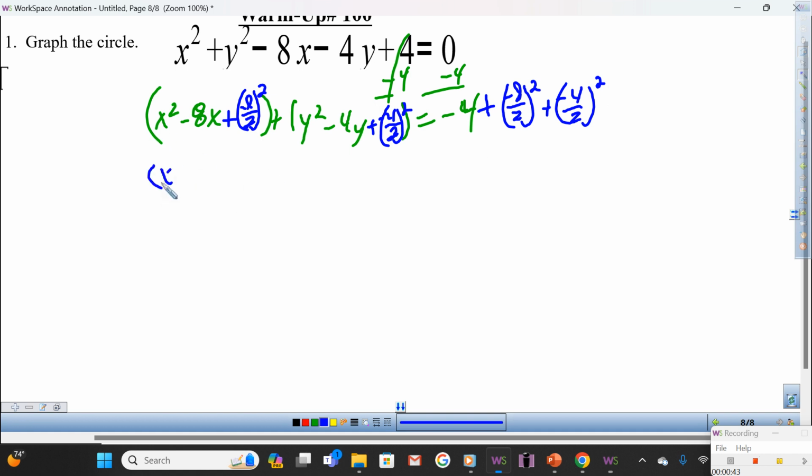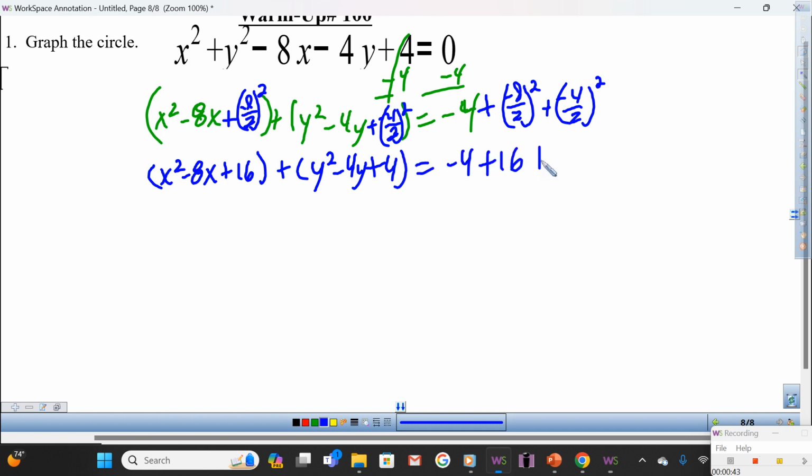So this gives us x squared minus 8x plus 16 plus y squared minus 4y plus 4 equals negative 4 plus 16 plus 4. Can I simplify the right side? Yes.